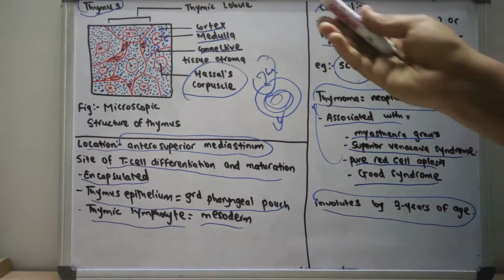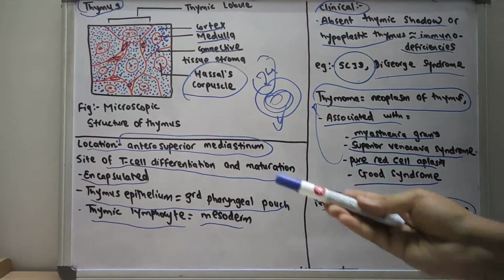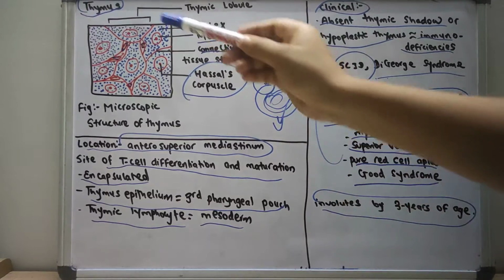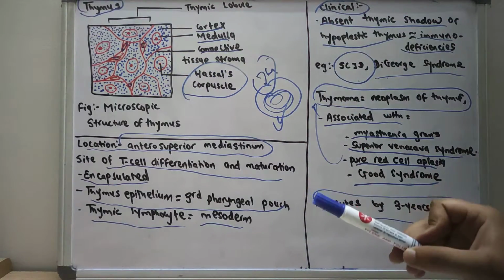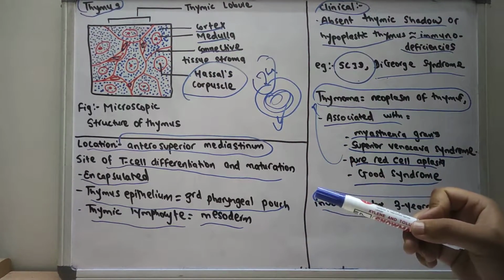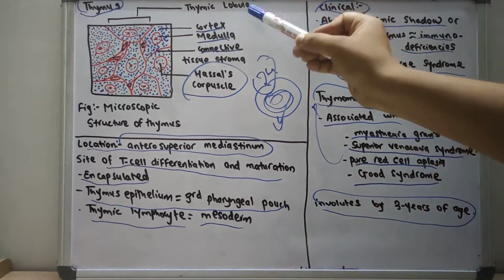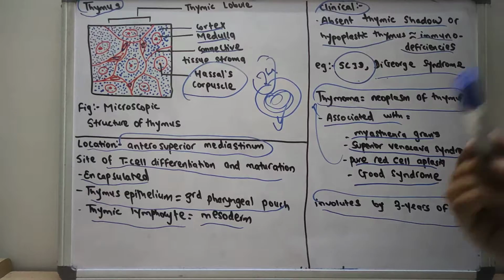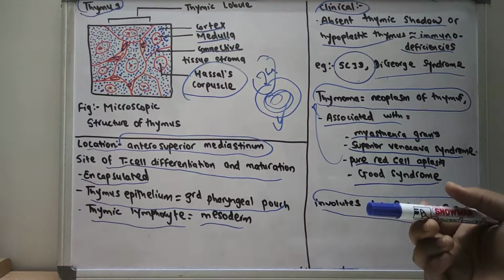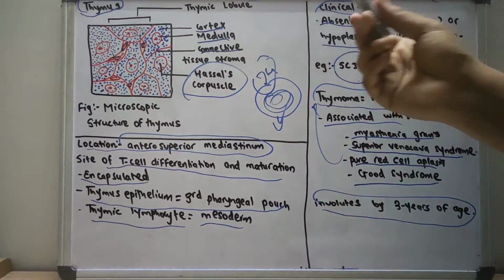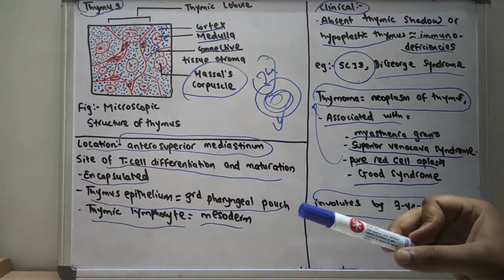We discussed briefly the microscopic structure of the thymus. In the thymic globule, the thymus is surrounded by connective tissue stroma, and in the thymic globule we have the cortex and the medulla. The cortex is densely packed with lymphocytes, whereas the medulla is lightly packed with lymphocytes, and the medulla contains the Hassall's corpuscles.